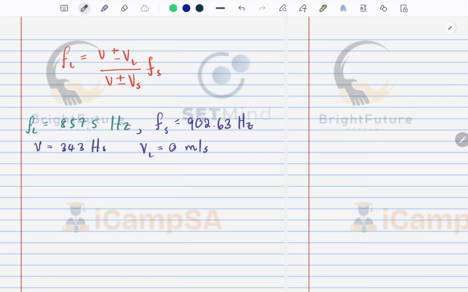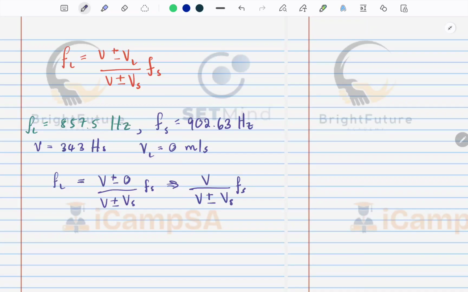Now we need to decide about our signs. First things first, this is going to be V plus minus VL; since VL is 0, that goes away. What you're going to have is V over (V plus minus Vs), times Fs. Now we need to decide what the sign is here.